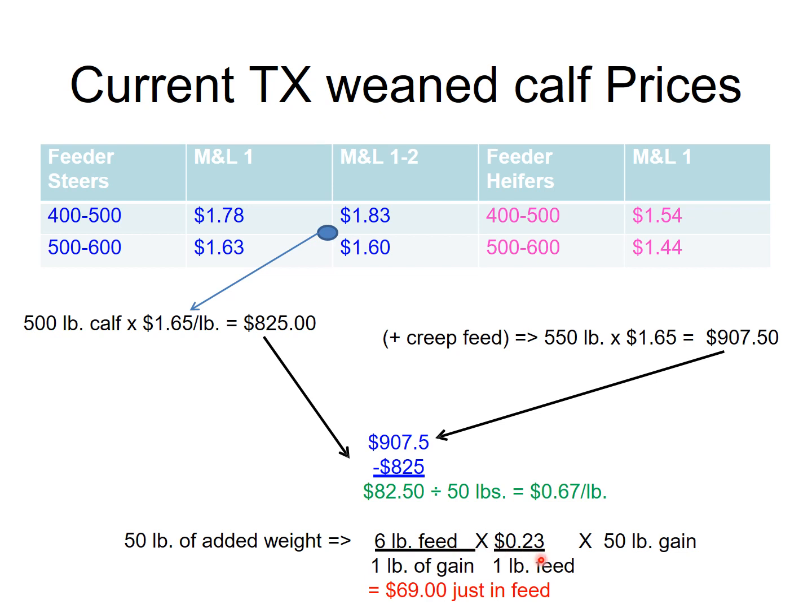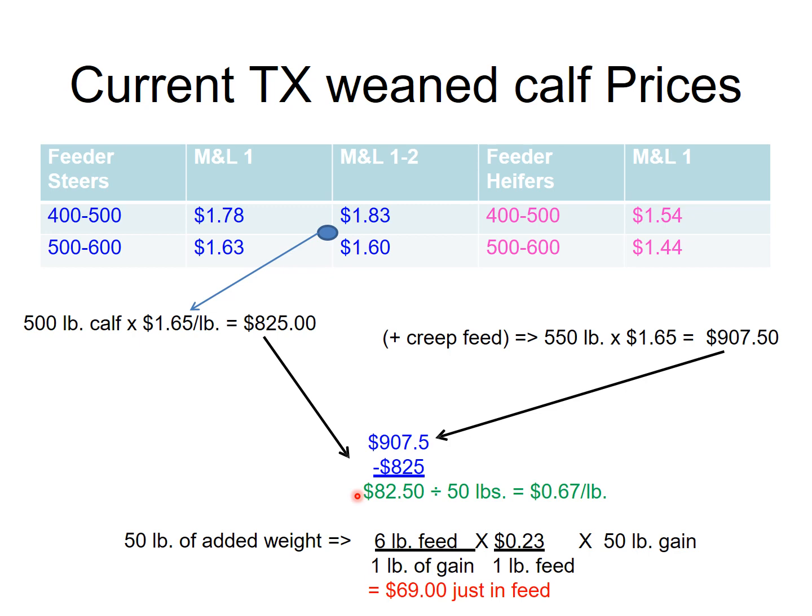We do the math. 6 divided by 1, 0.23 divided by 1. Multiply those two together, multiply it by 50 pounds. And we quickly see that, yes, we made $82.50 extra, but we had spent about $69 in feed at a minimum to get that $82.50 extra.